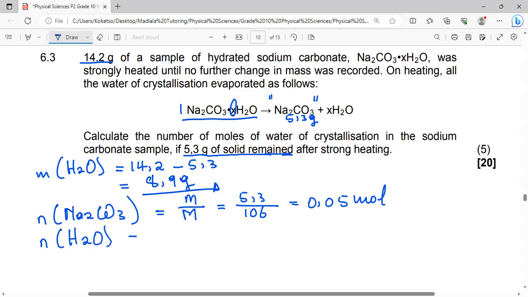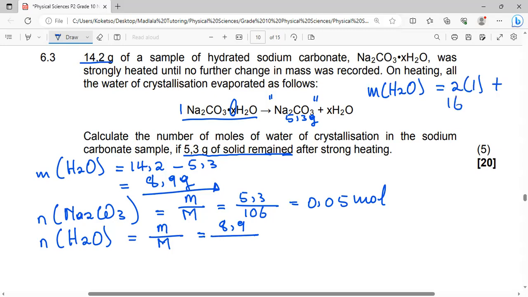Then next, we calculate the number of moles of water. So it's just going to be mass divided by the molar mass. So the mass of water is going to be 8.9. What about the molar mass? So here we are saying, if we must find the molar mass of water, we have 2 atoms of hydrogen, each with an atomic mass of 1.